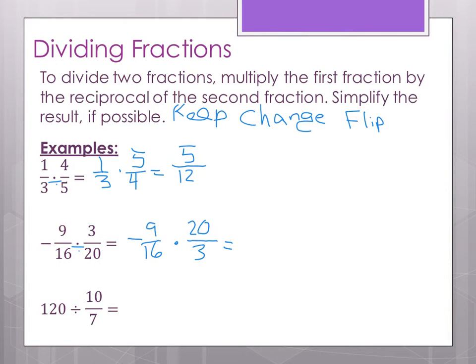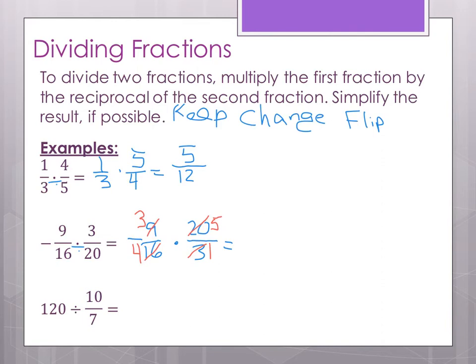I see that 9 and 3 have a common factor of 3, so I'm going to divide both by 3. 9 will become 3, and 3 will become 1. And 16 and 20 are both divisible by 2, but also 4, so I'm going to divide by the bigger number. I'm going to divide 16 by 4 and get 4, and then divide 20 by 4 and get 5.